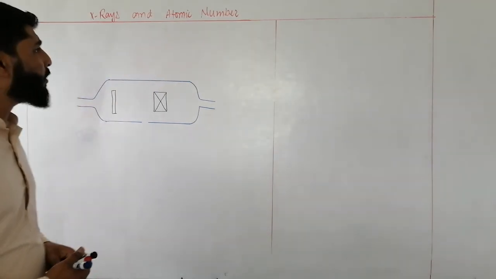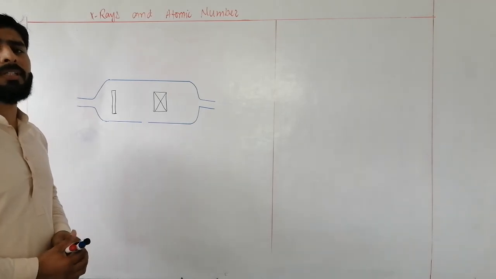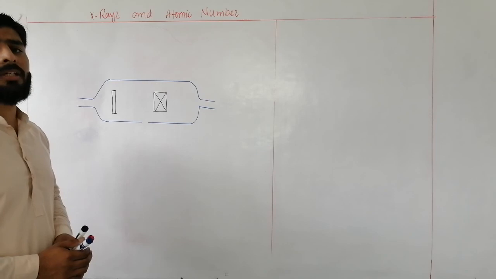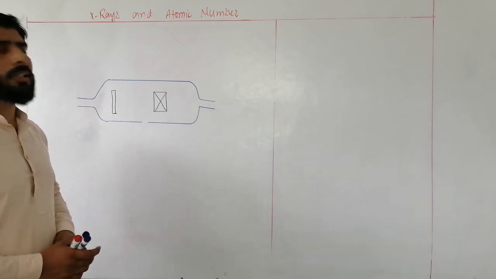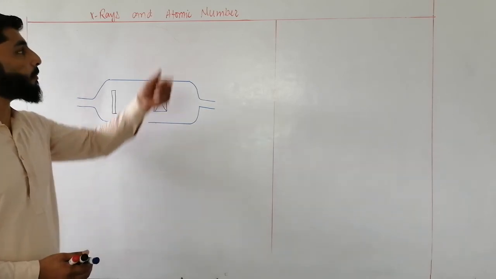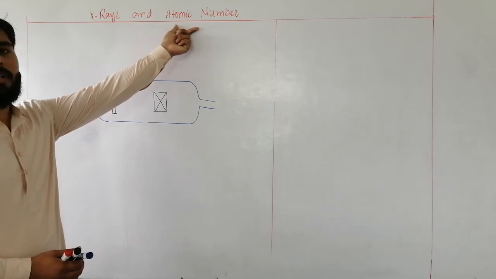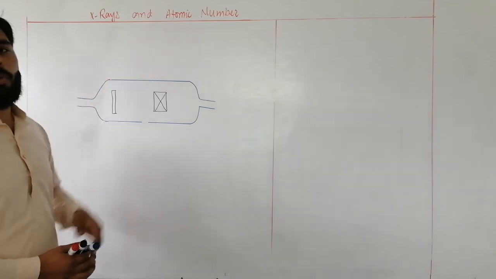Dear students, in the previous lectures you have thoroughly discussed all the basic concepts, theories and ideas about the structure of an atom. Today we will discuss the modern periodic law, which is based upon atomic number. Atomic number was determined by Moseley.